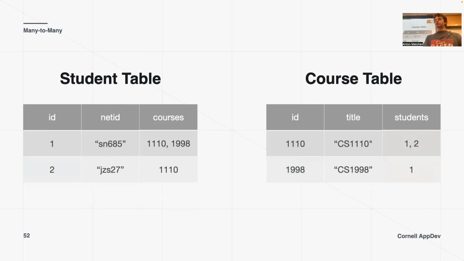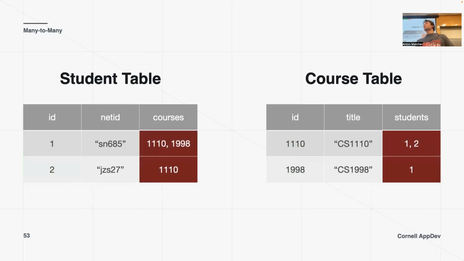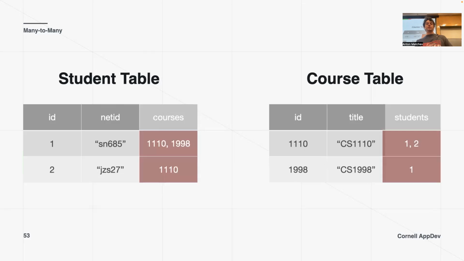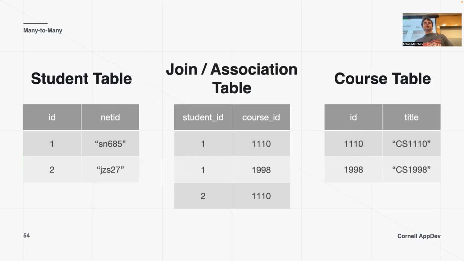And the third option, which is having a join table, is a lot better to implement this. So this is what the join or association table does. We have a student table with an ID and net ID, and we have a course table with ID and title.